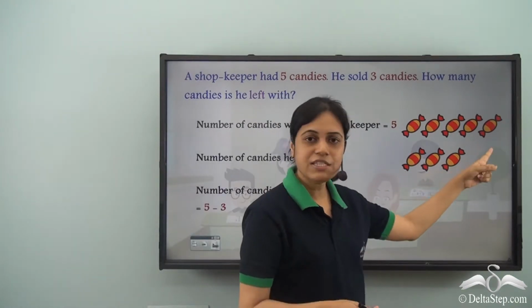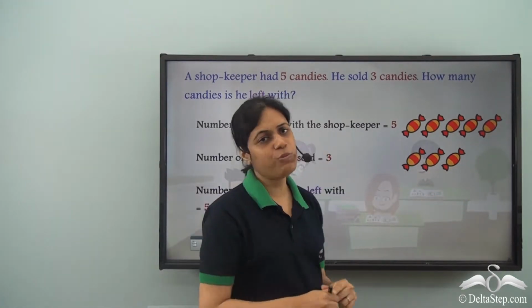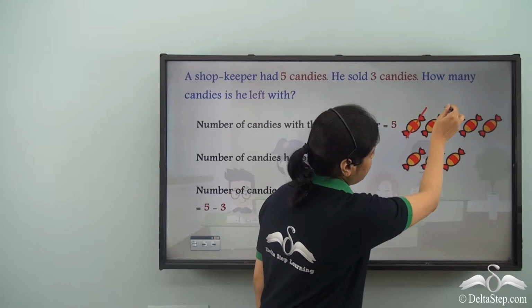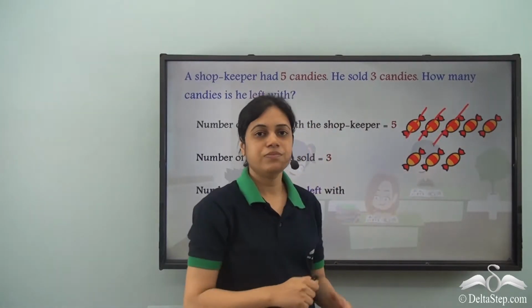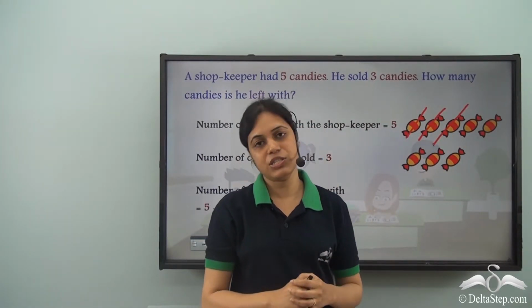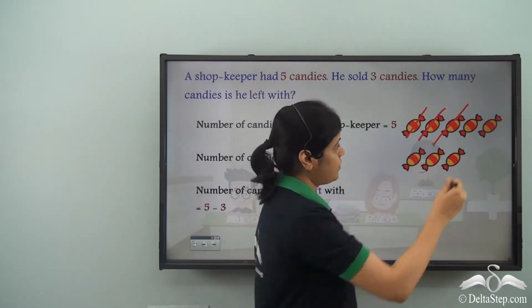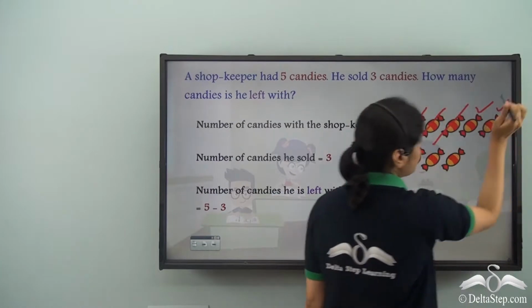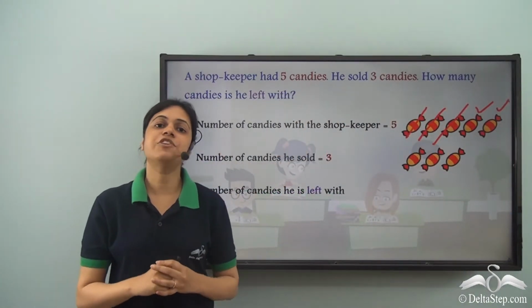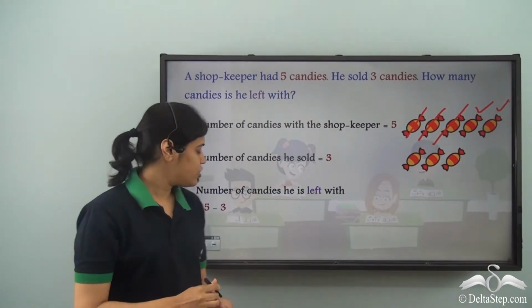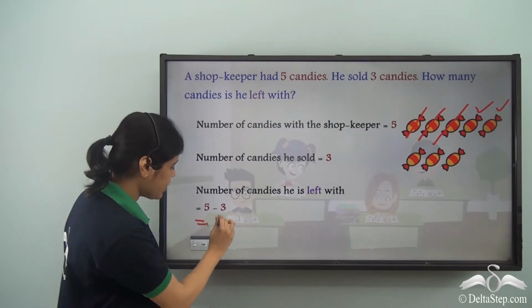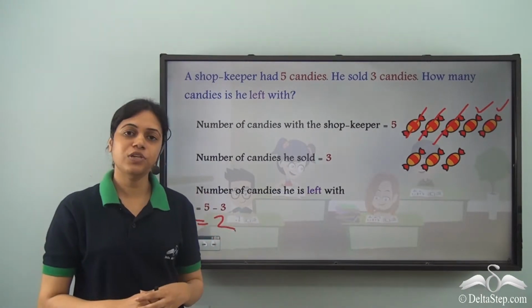So I have these 5 candies. Let me remove 3 candies. 1, 2, 3. I have removed these 3 candies. So how many candies am I left with? 1, 2. I am left with 2 candies. So 5 minus 3 is equal to 2.